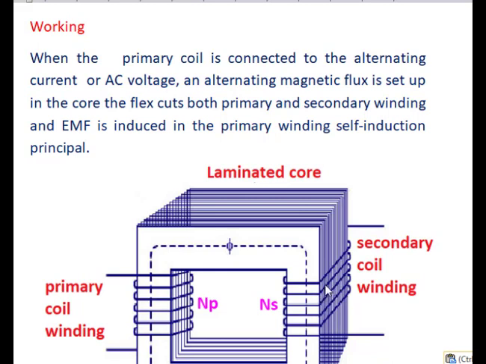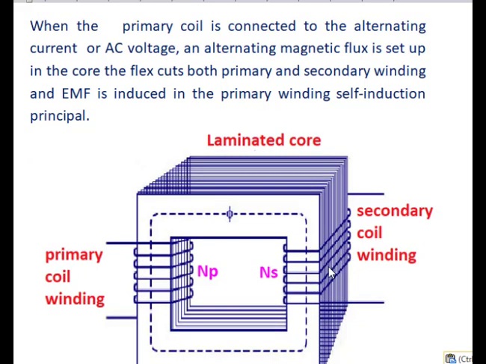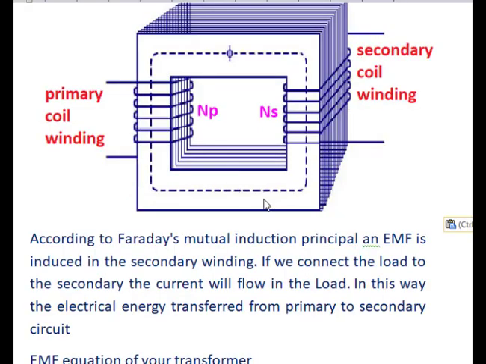An induced EMF is produced in the primary winding by the self-induction principle. Depending upon the number of turns in the secondary coil, the EMF is produced. According to Faraday's induction law, the EMF is induced in the secondary winding.